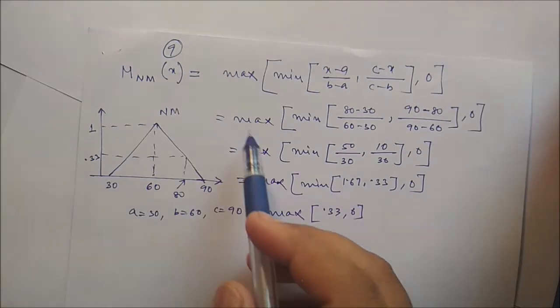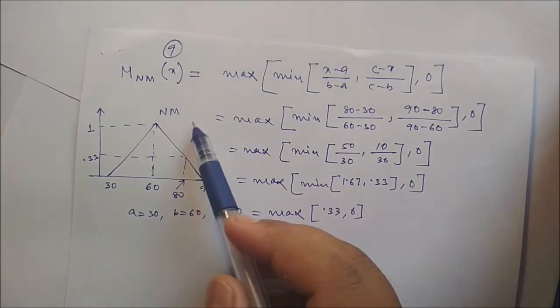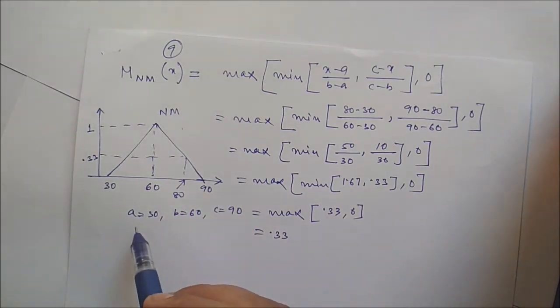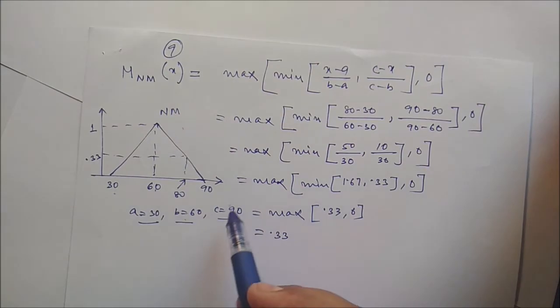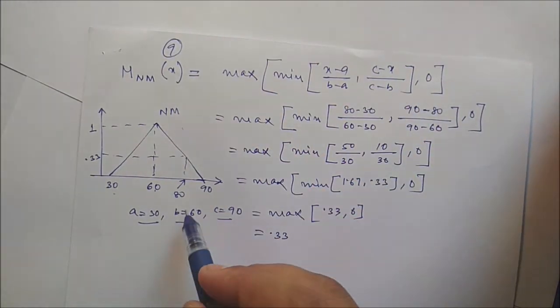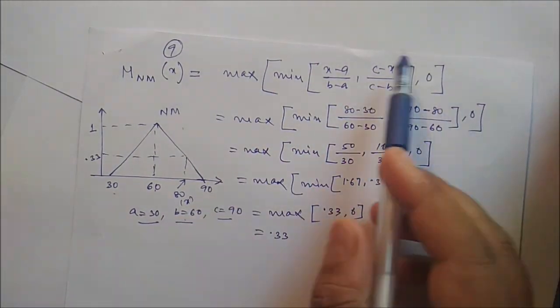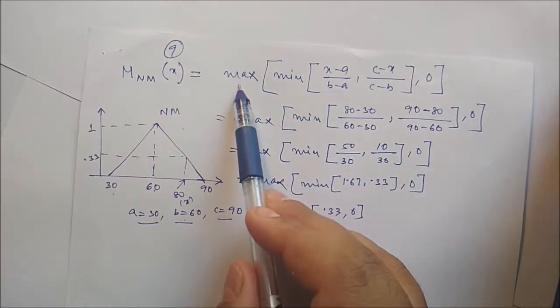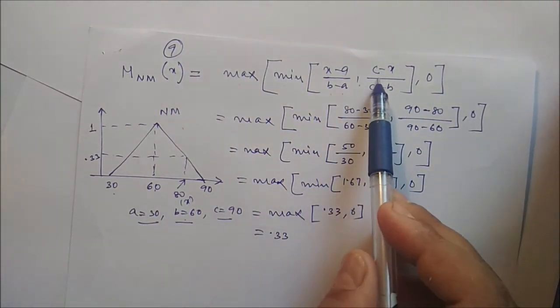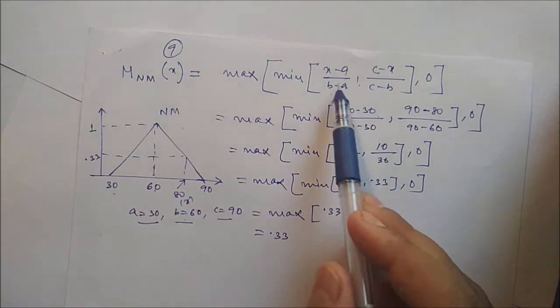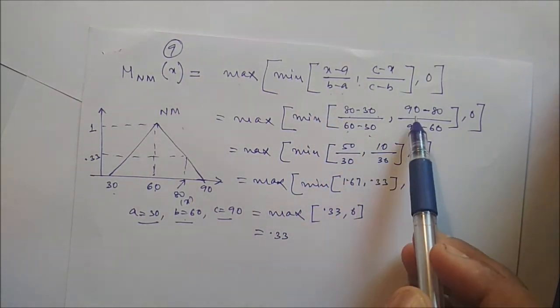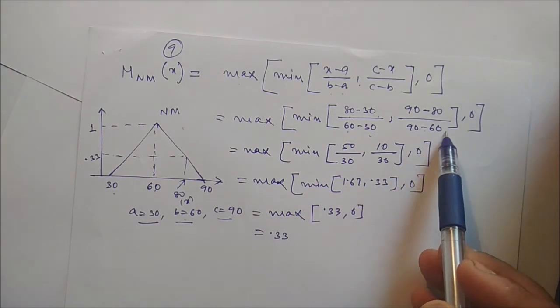Are you getting it? Now we can say definitely we have to consider the NM also. So here in NM, a is equal to 30, b is equal to 60, and c is equal to 90. So we have to apply this particular formula. But x's value is 80. So if you apply the formula, max min x minus a by b minus a, comma c minus x by c minus b, comma 0, x is 80, a is 30, b is 60, 90 minus 80 by 90 minus 60.